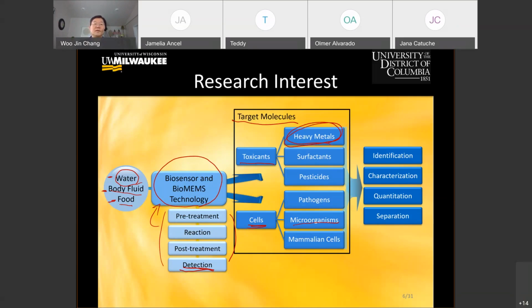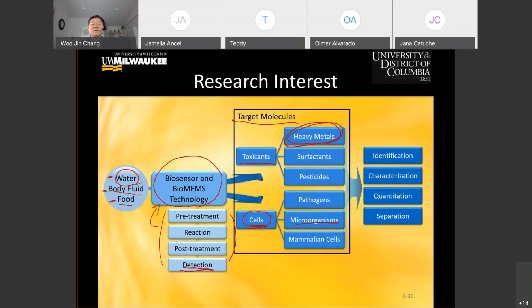But I am also interested in these cells as well. So I have two directions in my lab. The first one is detection of these toxic molecules from water. And the second one is the identification and separation of the cells.